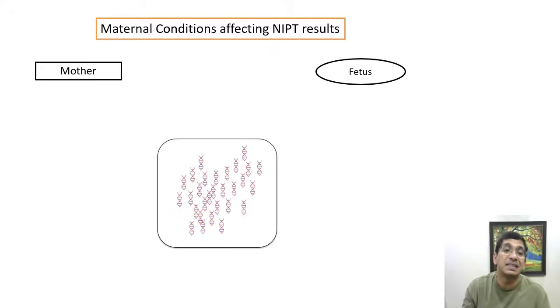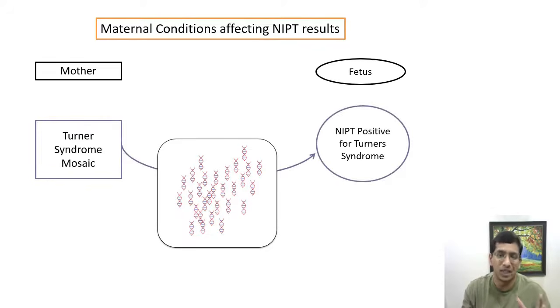Now, which are the maternal conditions which can affect NIPT results? First, if the mother is a Turner syndrome mosaic. Now, if you have pure Turner syndrome, the woman will be infertile. She cannot have children. But there are mosaic individuals with just 10% of cells having Turner syndrome and 90% of cells being normal.